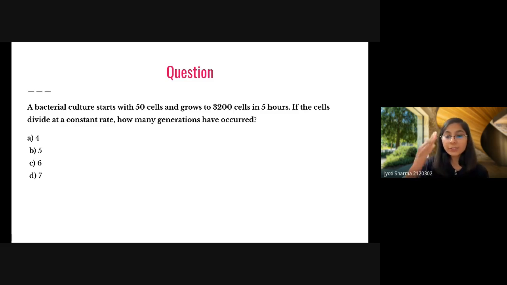Initially you had 50 cells, then 50 cells will divide to form 100 cells, 100 cells will divide to form 200 cells, 200 cells will divide to form 400 cells. So you have to tell me how many generations have occurred till the number of cells is 3200, in 5 hours.